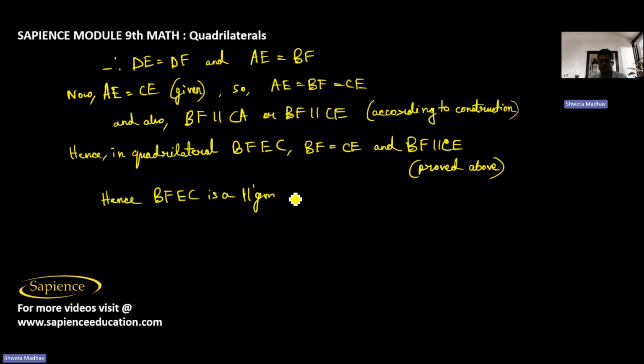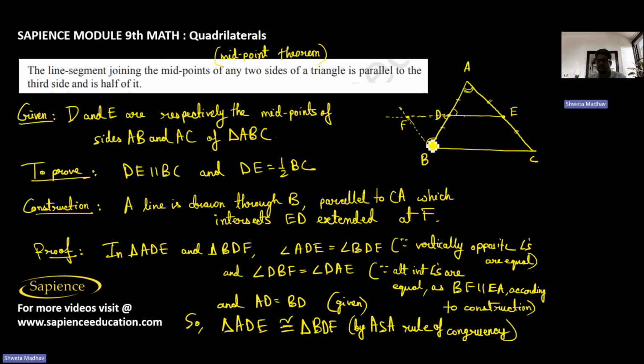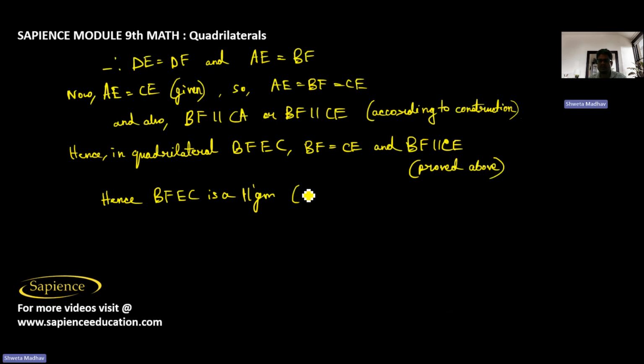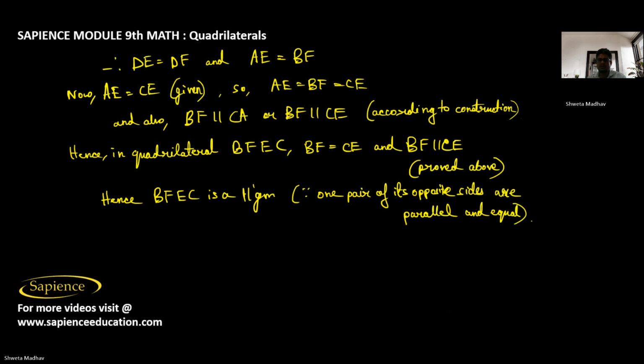BFEC is a parallelogram. Since why? Since one pair of its opposite sides are parallel and equal.